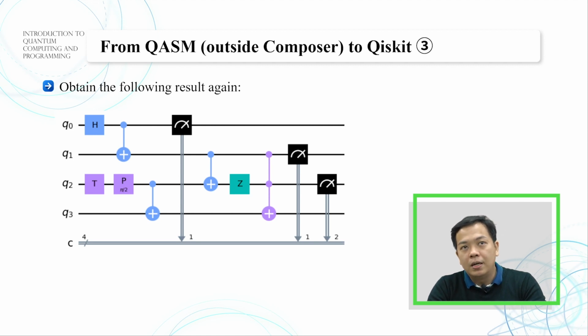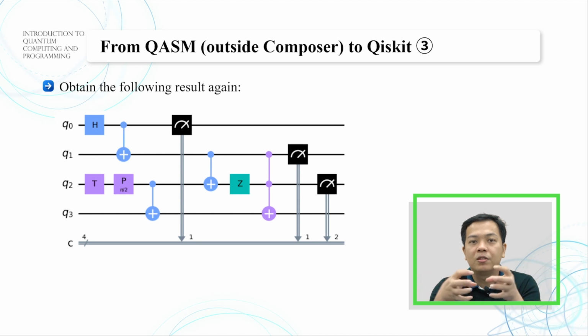You can type in the QASM, or you can type in the Qiskit. It depends on you, which method you are familiar with or like. But after you do it in Qiskit or OpenQASM, you may want to see the corresponding code in the other format and how it looks.